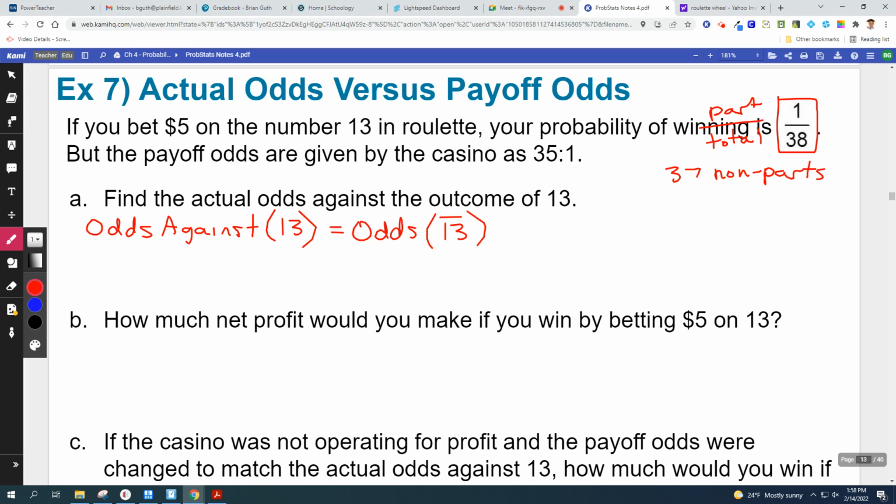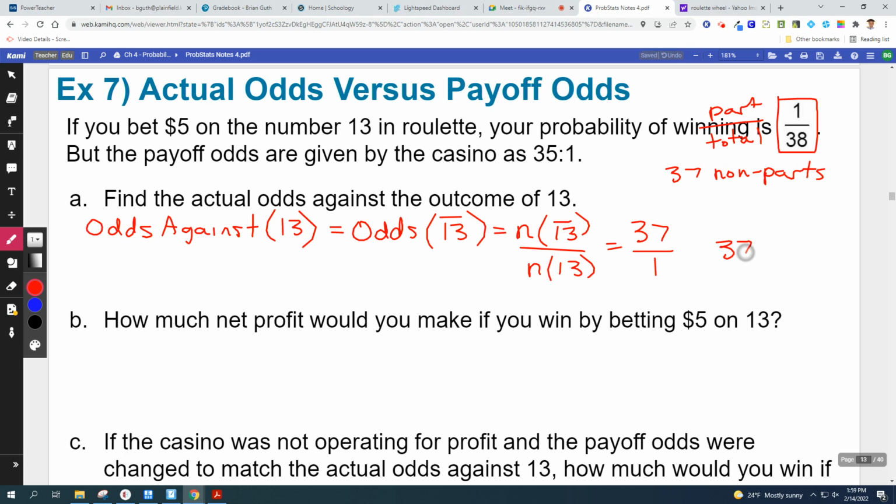We're finding the odds of everything else, the complement of getting a 13. Once you've got that, the formula is pretty easy. You can go the number of not 13s over the number of 13s. There are 37 non-13s, and there's only one 13. So that's your actual odds.